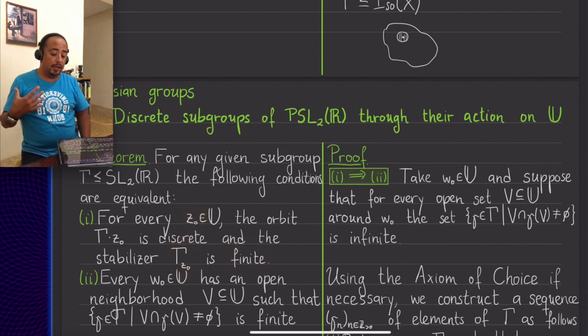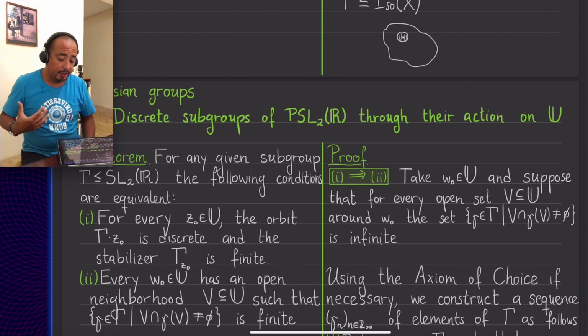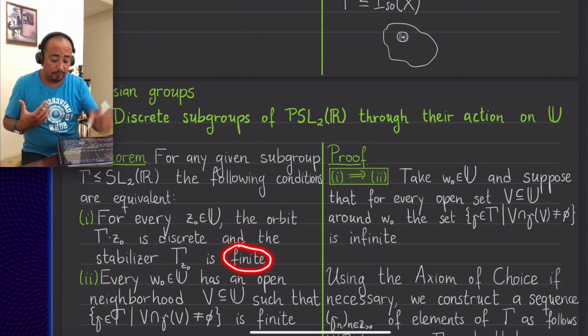So I allow non-trivial stabilizers, but I require them to be finite.